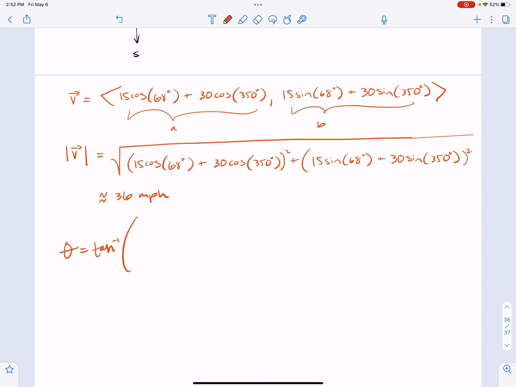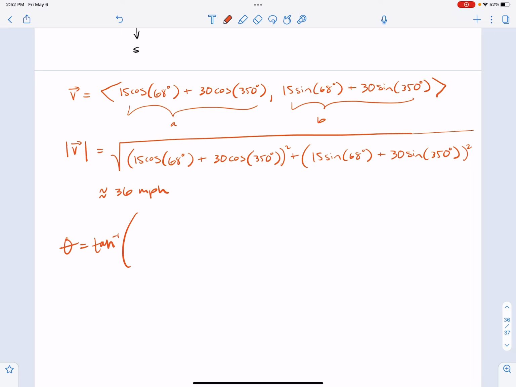I'm pretty sure it's an angle in quadrant 1, but let's double check. So you could put in B over A if you've assigned those values, or you can write this all in. So B over A.